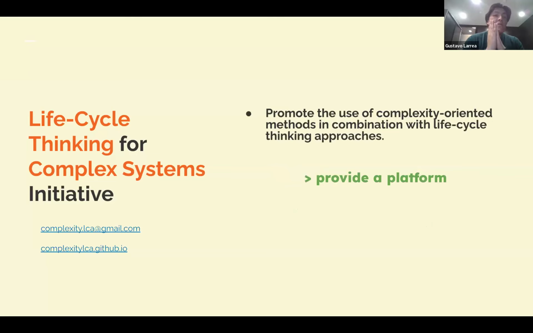One of the main purposes of the initiative is to promote the use of complexity-oriented methods in combination with life cycle thinking approaches. For this, of course, we want to provide a platform or a space for exchanging ideas and to promote engagement beyond different academic domains.